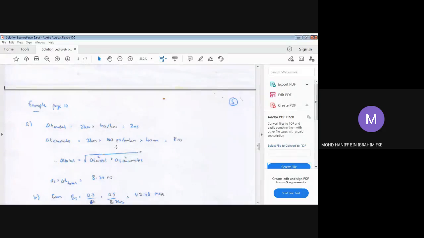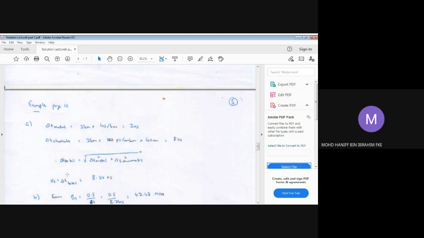Okay, so we are given these conditions, but the question doesn't mention whether we are dealing with RMS or not. So we assume the non-overlapping assumption. For this, we have a Δt. The Δt for intermodal will be 2 kilometers multiplied by the dispersion parameter of 1 nanosecond per kilometer, so the pulse spread due to intermodal dispersion is 2 nanoseconds.